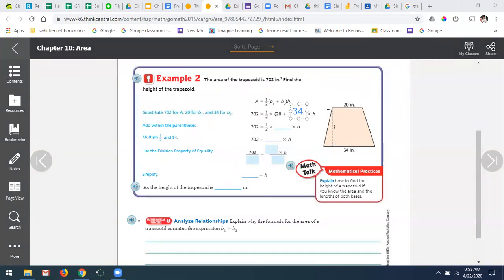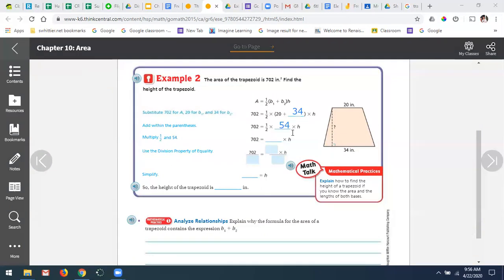So again, 20 and 34 are inside the parentheses. We need to do those first. 20 plus 34. It's relatively easy, 54. And then we're going to multiply 1/2 times 54. I know 25 times 2 is 50.